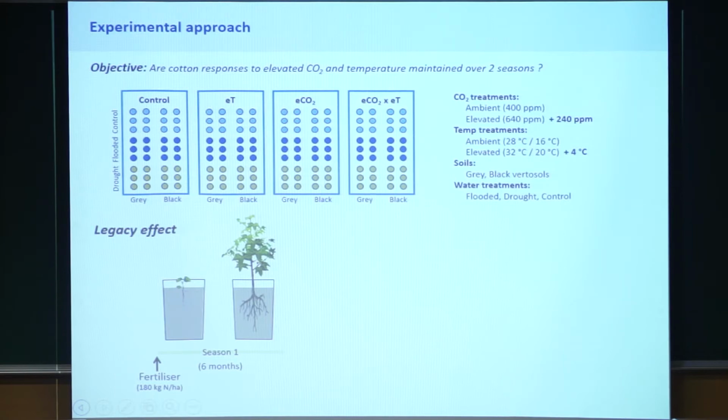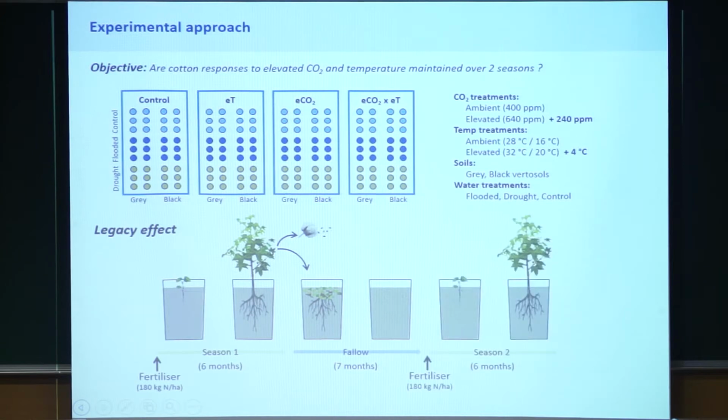We then grew the plant up for a season in the different environmental conditions. Then we harvested the cotton and the seed, and then we cut the plant as you would in a cotton farm and put the residue back on the field as they do. And then we let it lay fallow in our glass house under winter conditions for 7 months.